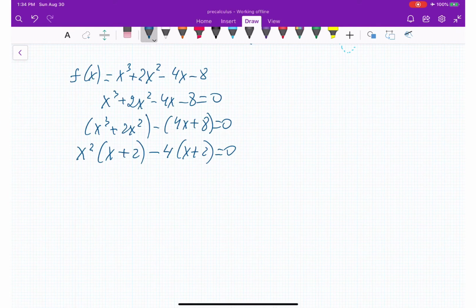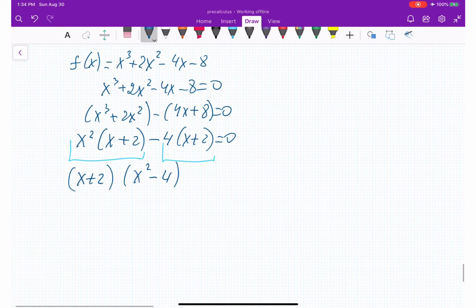Taking out, so we have this term, one term, and the other term. Both of them have common factor x plus 2. And in the second parenthesis, we will have x squared minus 4. Well, x squared minus 4 we still can break down as x plus 2, x minus 2, right?